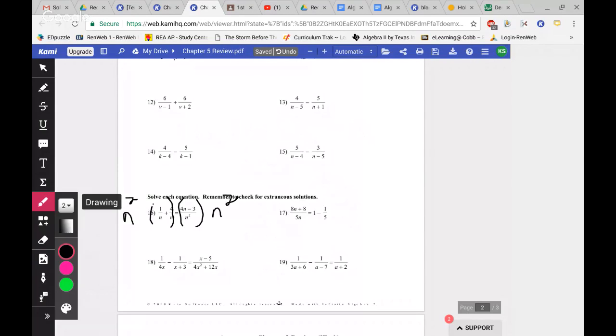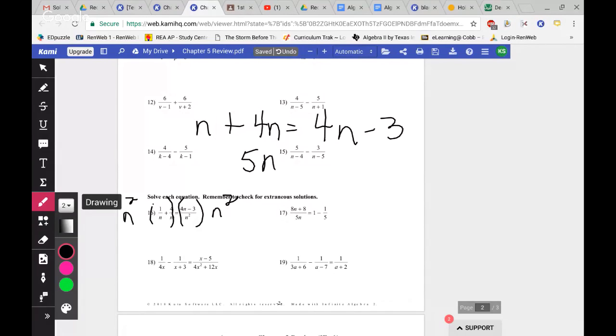N goes into n squared with an n left over, and n times 1 is n. N goes into n squared with an n left over, and n times 4 is 4n, equals, and then n squared goes into n squared one time, and 1 times 4n minus 3 is 4n minus 3.